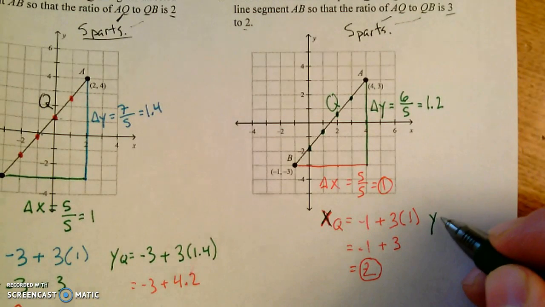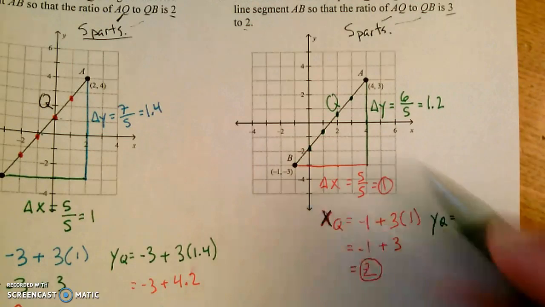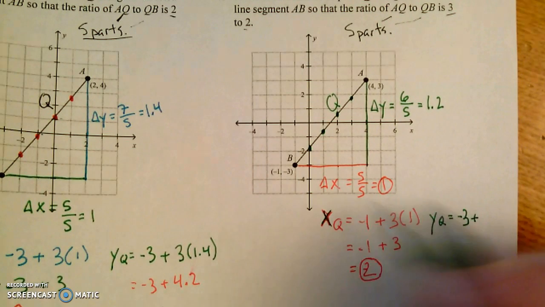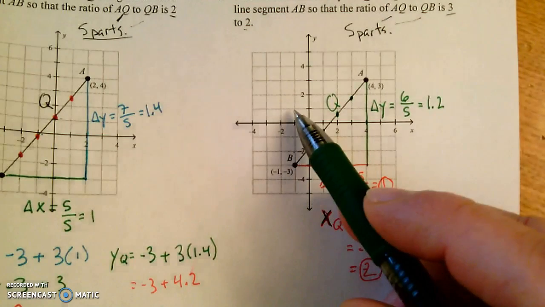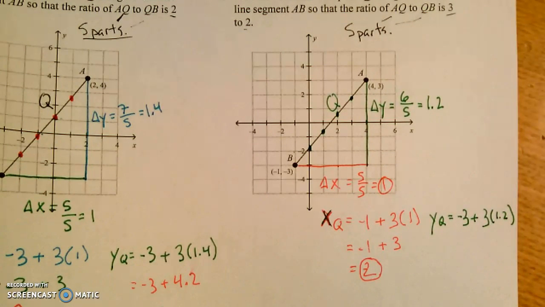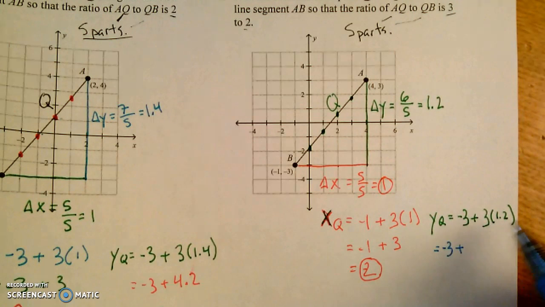So y of Q, we're starting with -3, and we're adding 3 steps, 1, 2, 3, up to Q, of size 1.2 each. So that gives us -3 plus 3 times 1.2, which is 3.6.